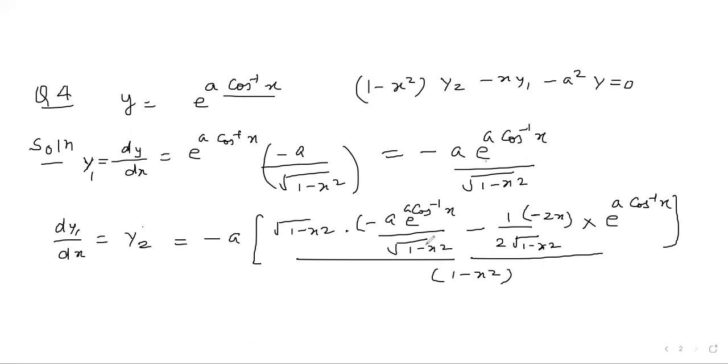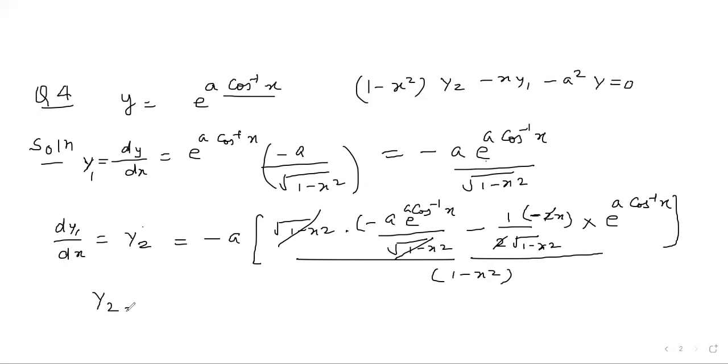Now, let's simplify. So here, this term and this term will cancel out. And here 2 and 2 will cancel out and this minus sign will make this sign plus.